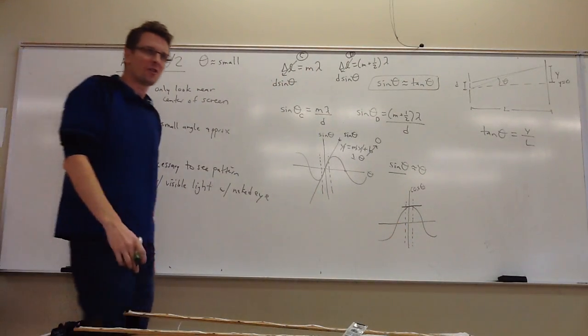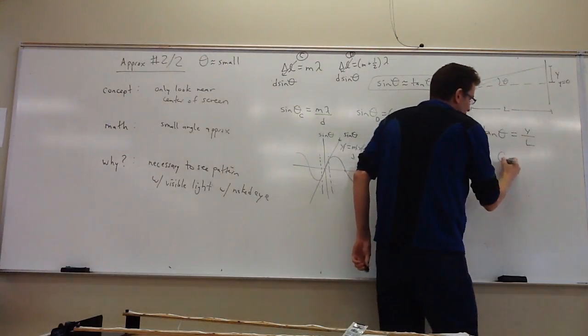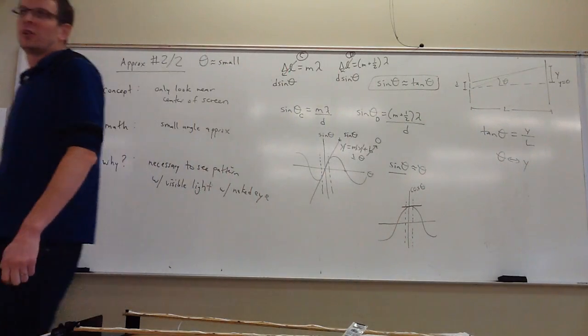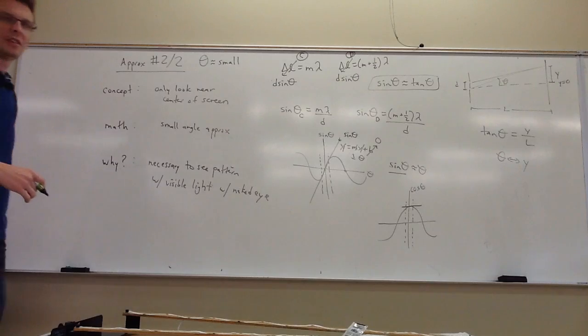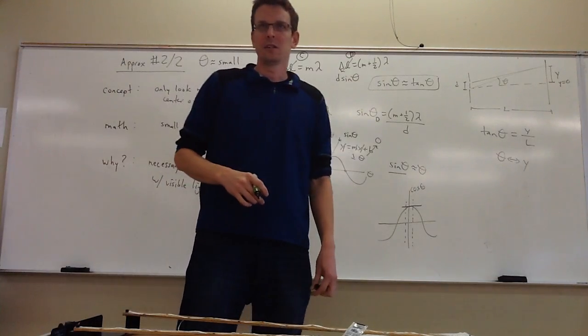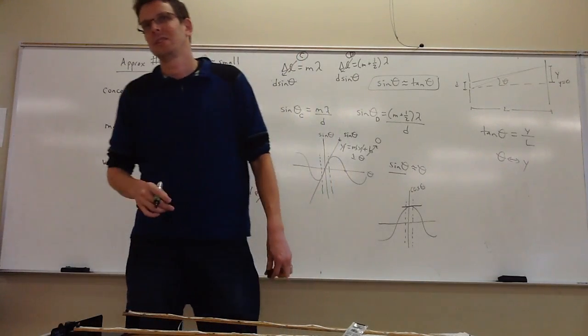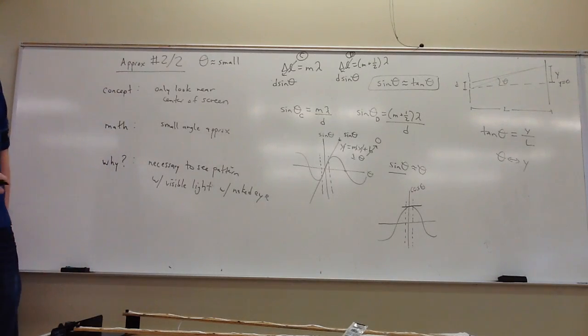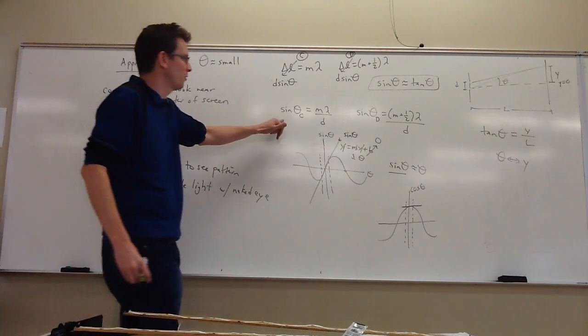And this is my relationship that allows me to jump back and forth between the angle and the distance, right? So that equation allows me to say, well, if I'm at such and such an angle, this is my physical distance along the screen. But of course the problem is you have a tan there, and I have a sine in my original function.